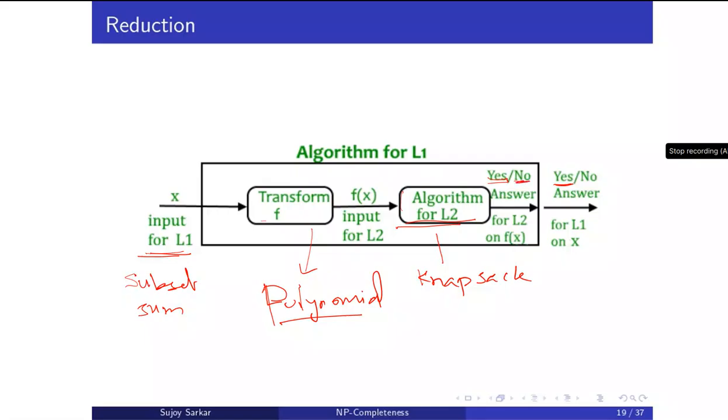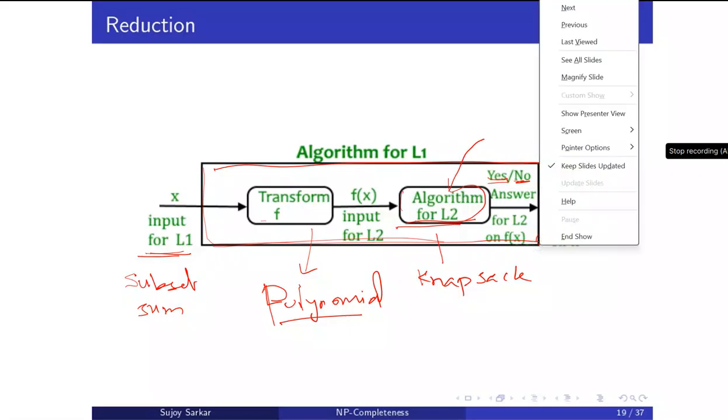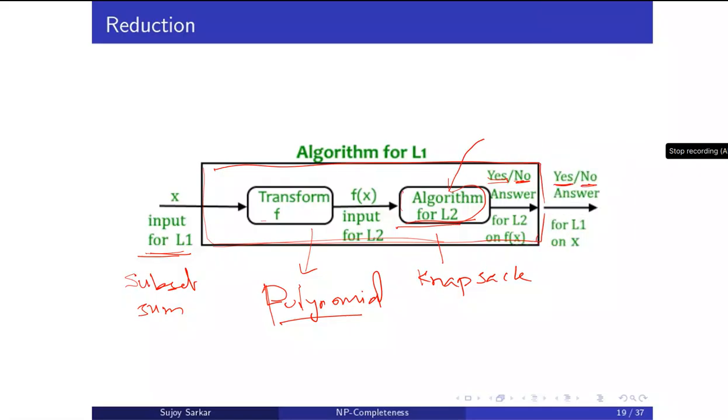When the L2 answer is no, the L1 answer is also no. That way, using the algorithm for L2, we devised an algorithm for L1. If the algorithm for L2 is efficient, then the algorithm for L1 is also efficient. Otherwise, if L1 was hard, this cannot be efficient. So we call it reduction: reducing one problem into another to prove the difficulty of a problem.